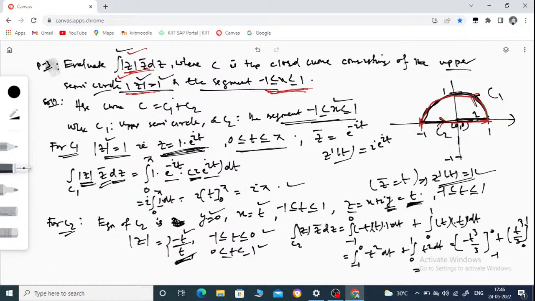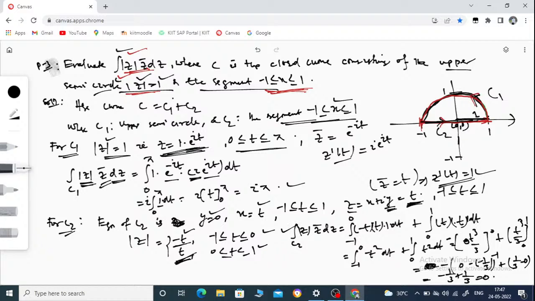If you evaluate this, you can take the minus outside: minus of 0 minus 1 by 3, and for the other, 1 by 3 minus 0. So this is minus 1 by 3 plus 1 by 3, which is 0.